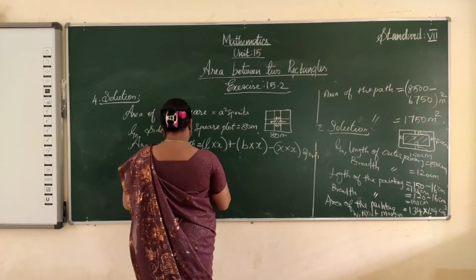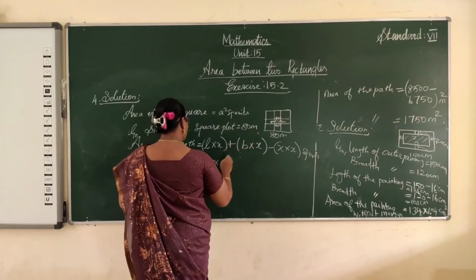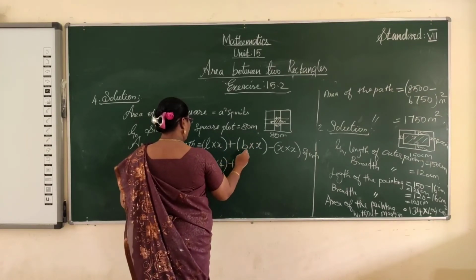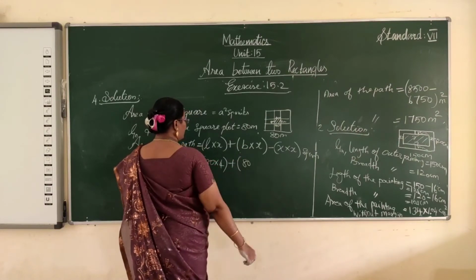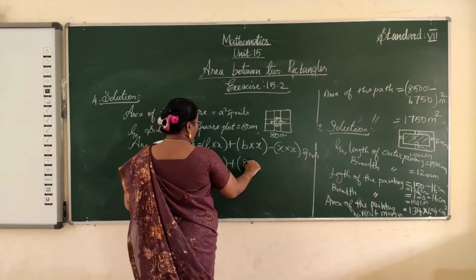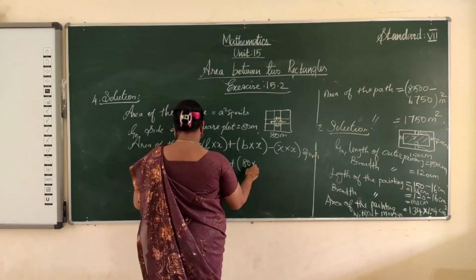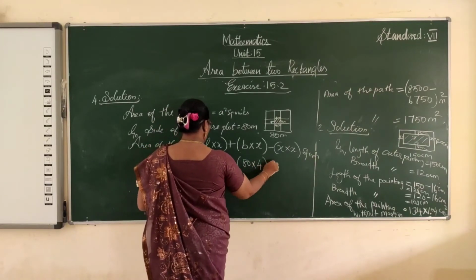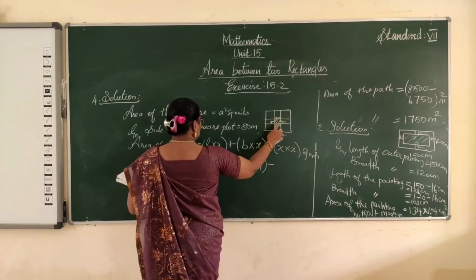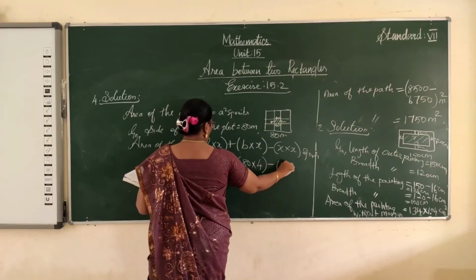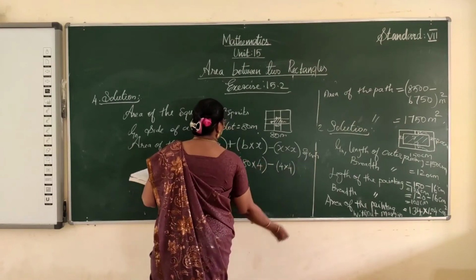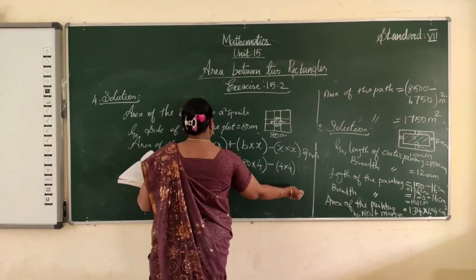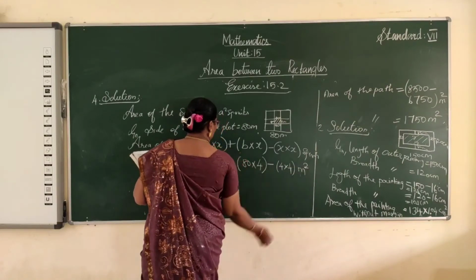So 80 into x value was 4, and breadth is also 80 because all the sides are equal, into 4, minus x value was 4, 4 4s are 16. Which unit is given? Centimeter, meter. Meter is given, so meter square.